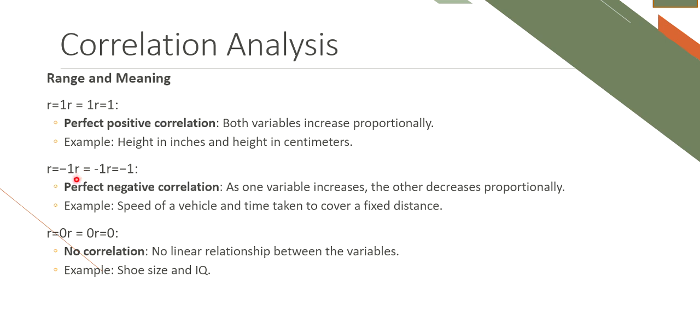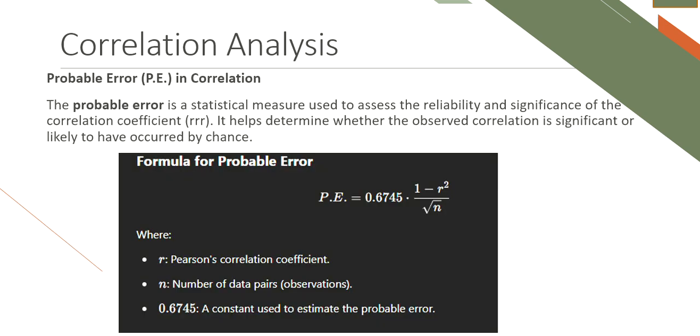Now if after substituting in the formula you get R as -1, then it is negative: if one increases, the other decreases. If it is 0, then there is no relationship between the two variables. You have to specify that, plus mention it in the graph also. I will show you while solving the problem. Okay.